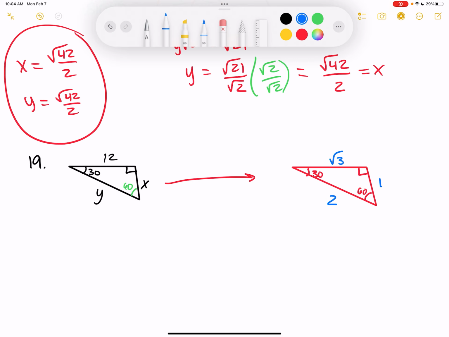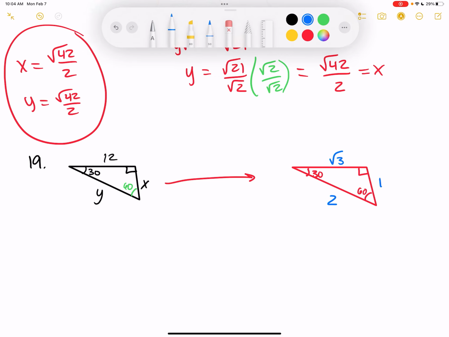All right, I'm going to first of all start out with the 30-degree one and find y first.